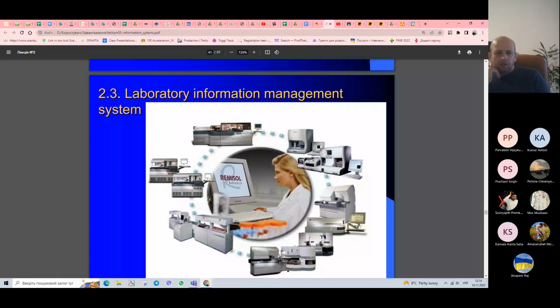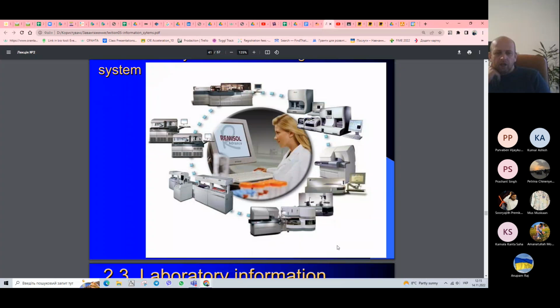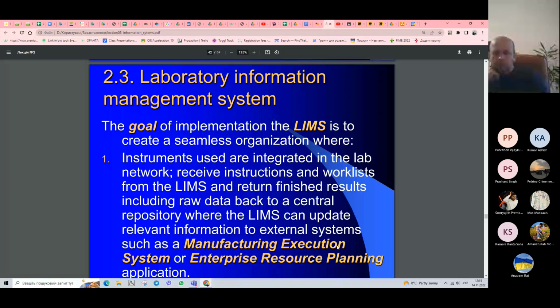For example, we can see a few laboratory systems where we can find an example of interaction with different equipment, storage and processing of data, and expert system support and production of data for end users, and providing this in the electronic medical record system. Laboratory information management system.